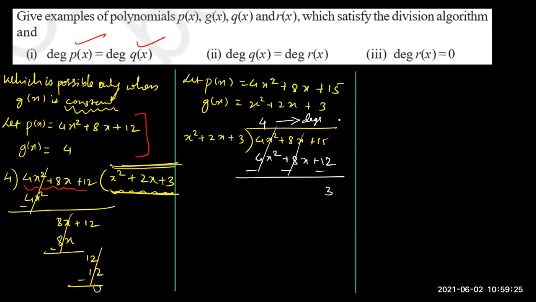Degree is 0, sir. And what about this remainder degree? Remainder degree is also 0. So both the degrees are equal now. They didn't mention you should take 0 only, or 4 only, but both should be equal. So we made them equal. Degree of quotient is 0 and degree of remainder is also 0. Clear? You can take any other polynomial also, you can try it.